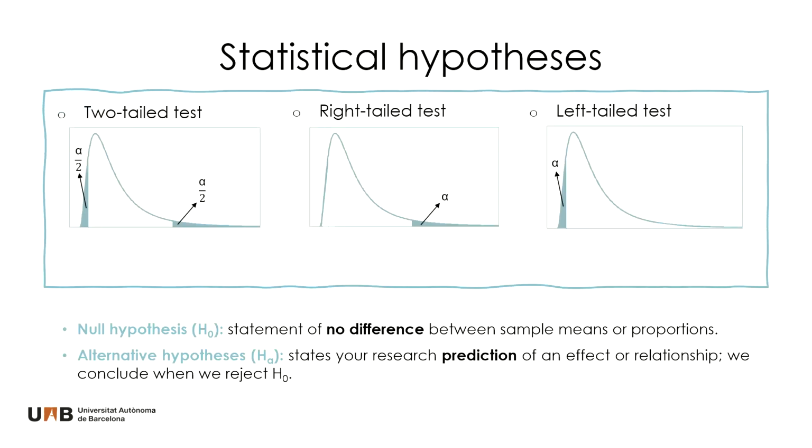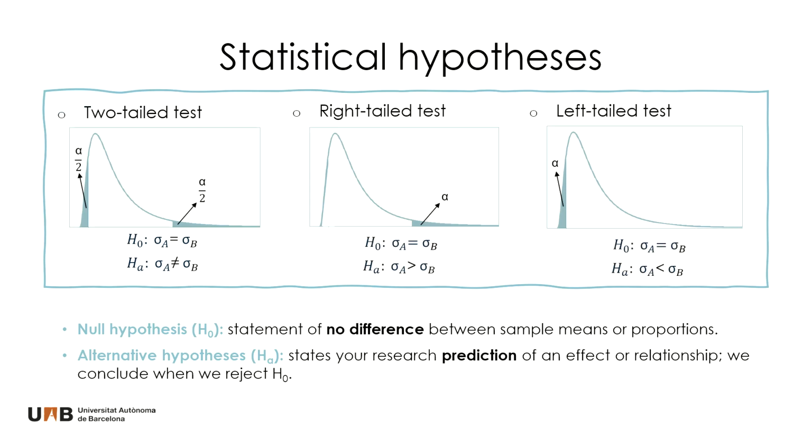There are three types of F-tests, each one of them with its statistical hypothesis. For starters, we have the two-tailed test, which divides the area in two parts, each one worth half the alpha value. The null hypothesis is the same for the three types, and it states that the two variances are equal. For the two-tailed test, the alternative hypothesis says the variances are different.